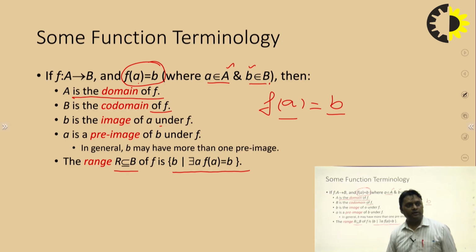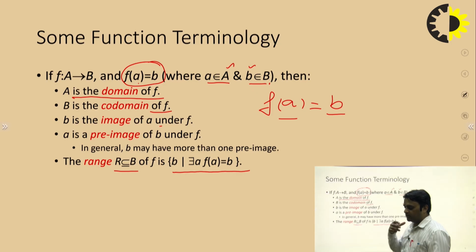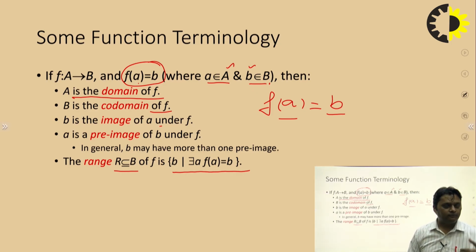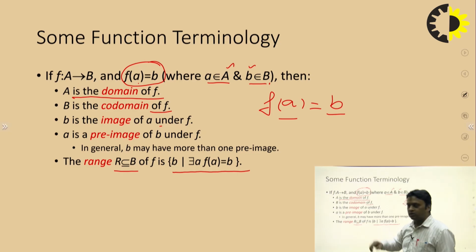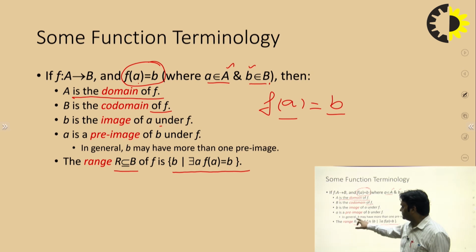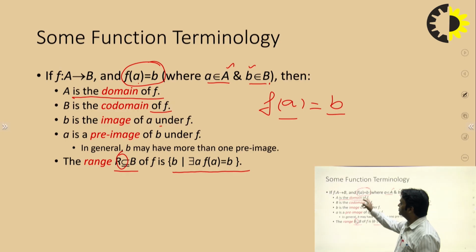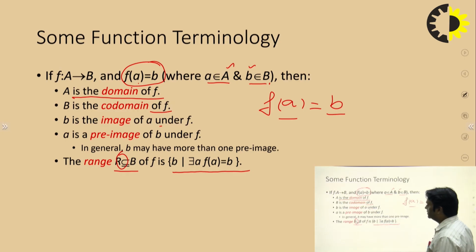So when we find the range, the range belongs to set B and the range is a subset of B, meaning all the elements should belong to B. That may be the range of the function.